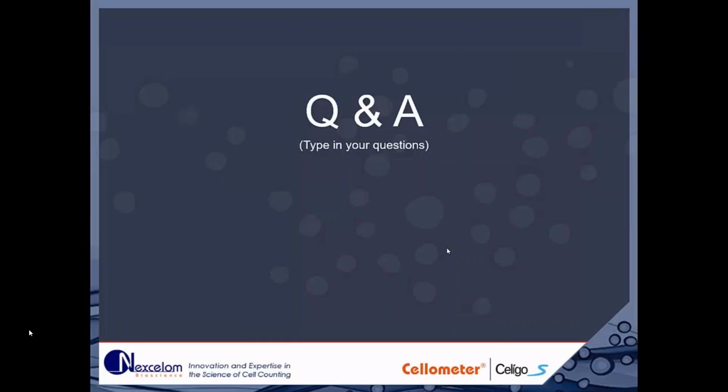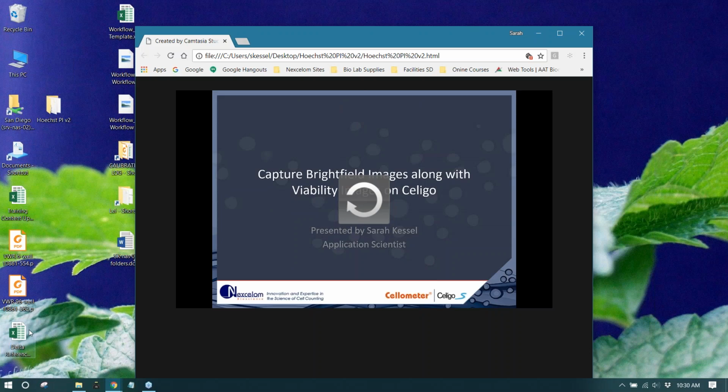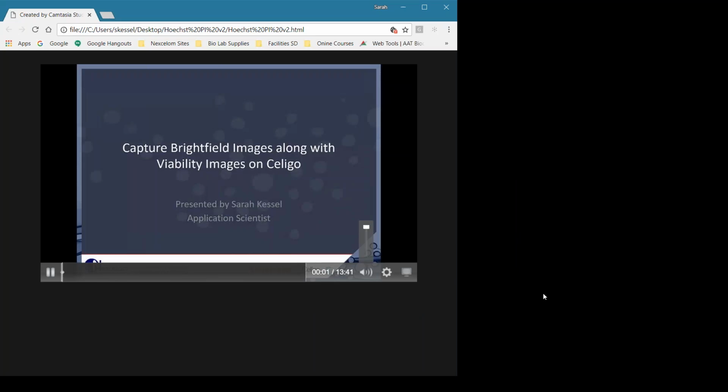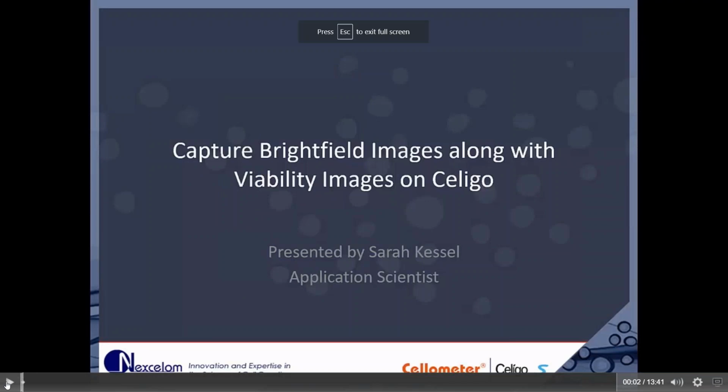Are other morphological changes in the cells other than rounding able to be detected and quantified? So the parameters that you would see in the drop-down menu on the gating tab, one is the roundness factor. That would be aspect ratio, which is just length versus width, the minimum and the maximum diameters of the cells.